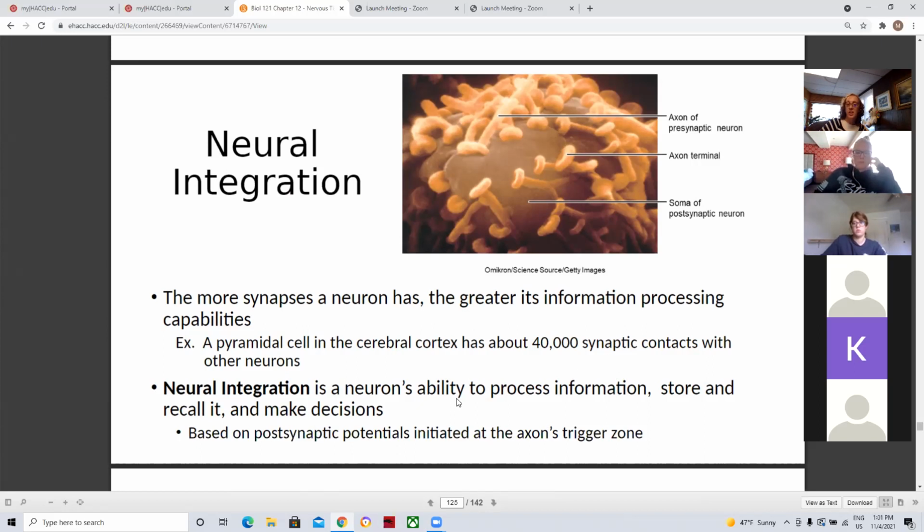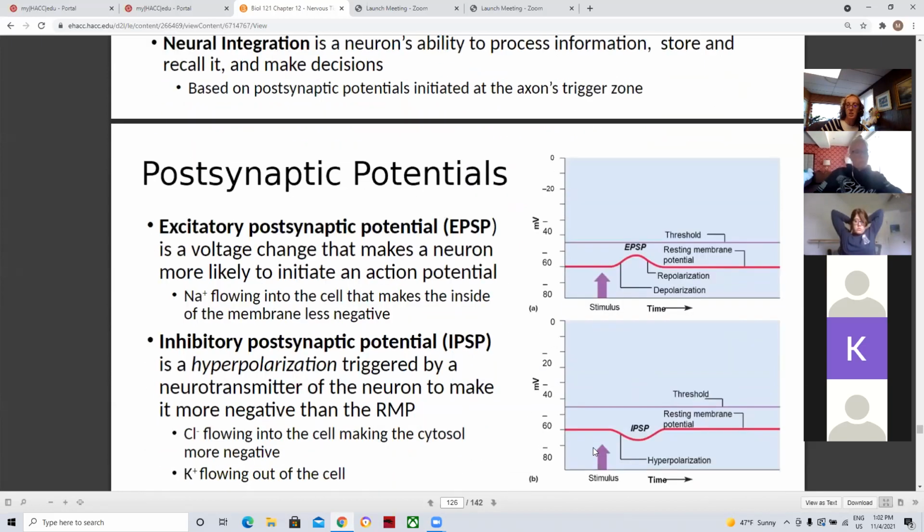So neural integration is the neuron's ability to process information, store and recall it, and make decisions. This integration is based on the potentials received at the axon terminals, at the axon's trigger zone. Well, how do we perform this neural integration with these postsynaptic potentials?